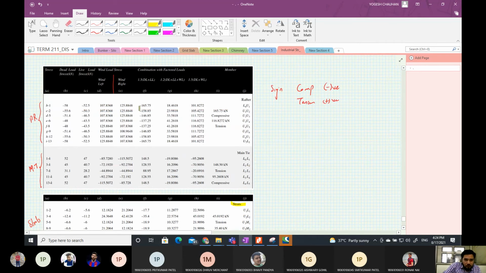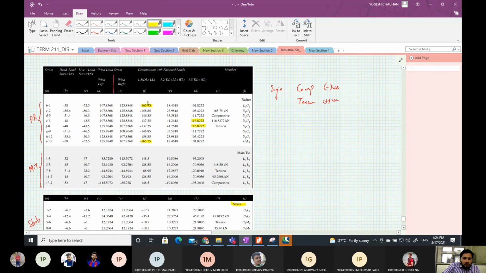Now, if you see this, the maximum compression here is 165.75 in member I13 and B1. That is the maximum compression, and the maximum tension is 116.872.